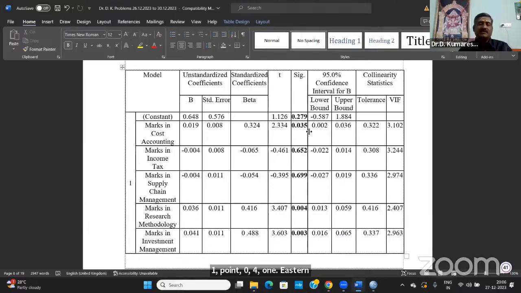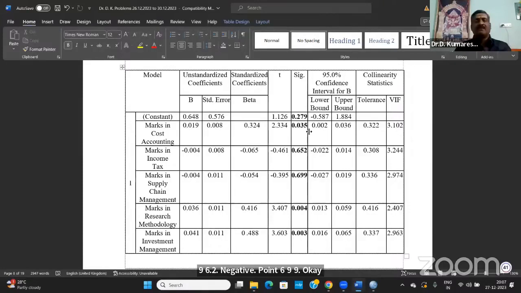Then second one, 0.004, here it is 0.036. Then 0.035, here it is 0.019. 0.652 negative. 0.699 negative.